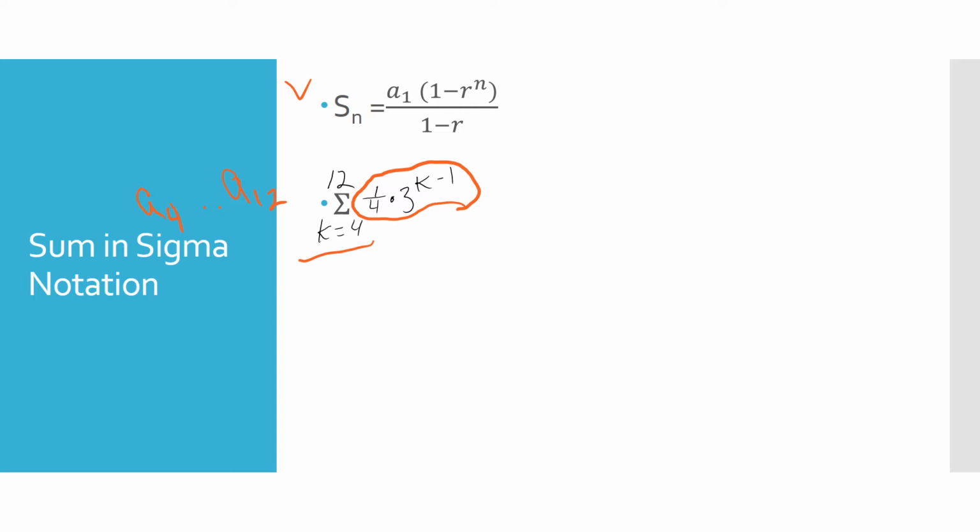We've got 1/4 times 3 raised to the power of k minus 1, and that equals 1/4 times 3 to the 4 minus 1, 3 cubed.